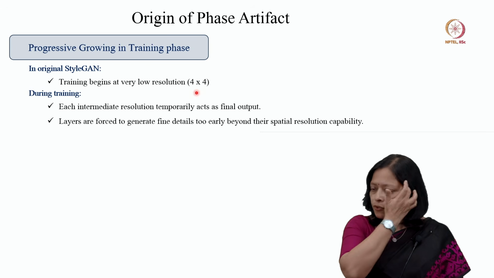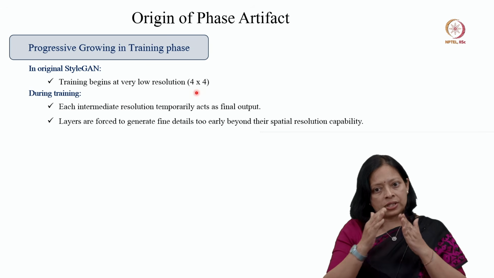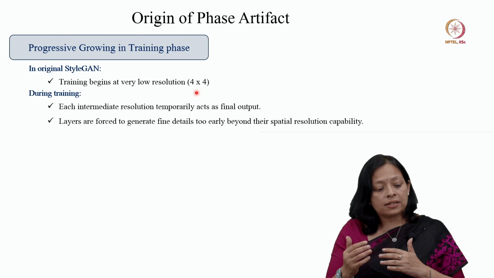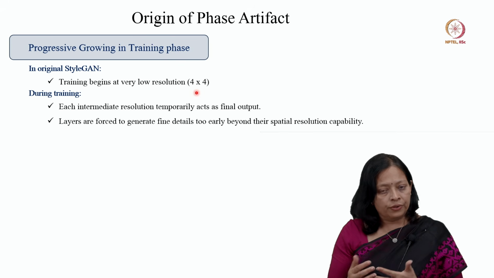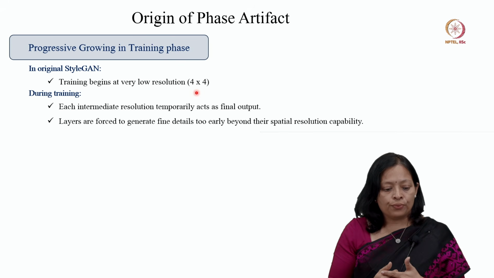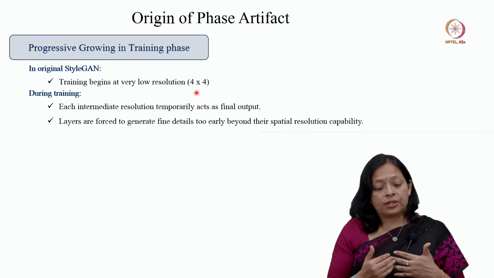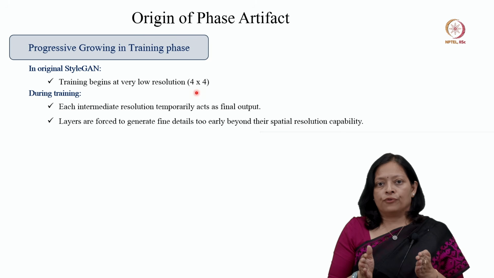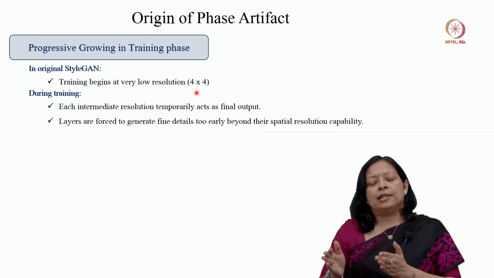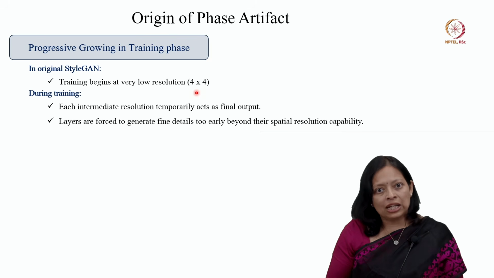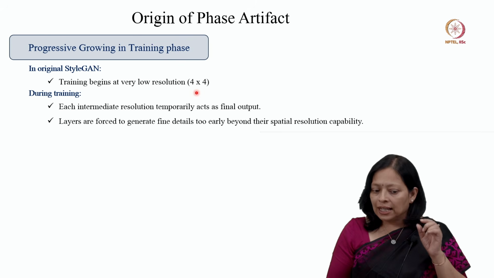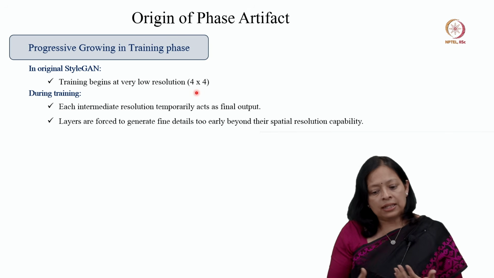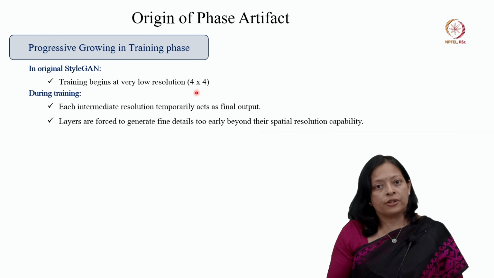After the first layer, it gives an output, and that feature map output, that intermediate resolution, temporarily acts as the final output. 4x4 or 8x8 or 16x16, these are very low resolution images. They do not have the ability for higher spatial resolution.